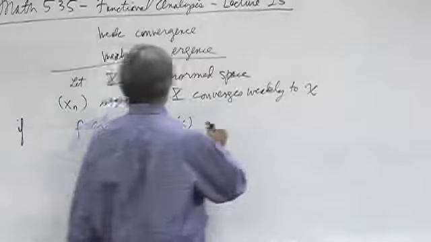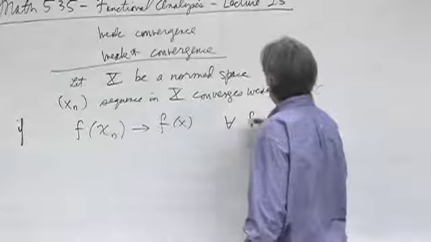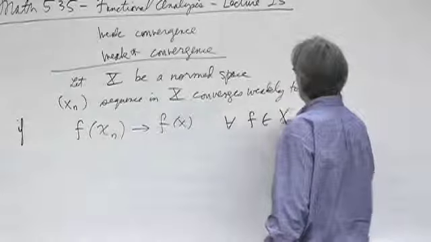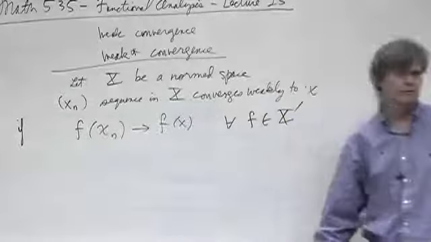All right, if f(x_n) goes to f(x) for every f in the dual, the bounded linear functionals. Okay.